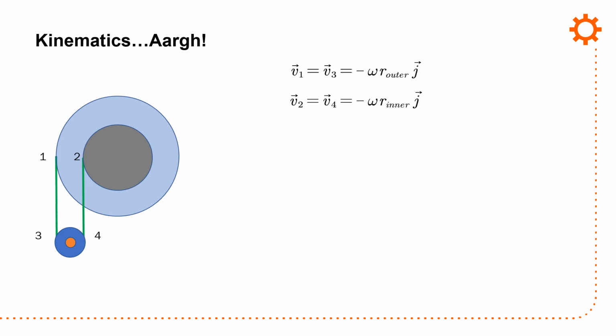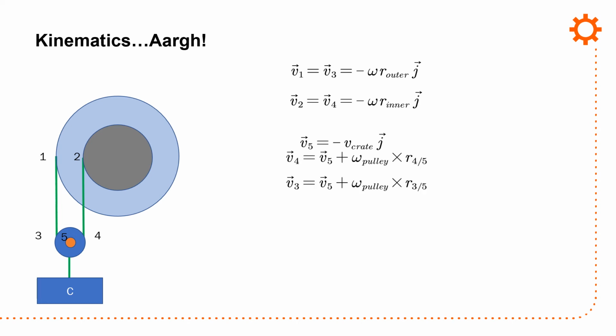Both of those I can relate to the outer and inner radius, but I know that omega of that big pulley is the same on both cords, or both sections of cord. I have 5, which I can define here, and 5 is going to be the negative velocity of the crate in the J direction. So I know this is rotating counterclockwise, it's dropping, and I have to figure out what the velocity of this is, and it's going to be some sort of average.